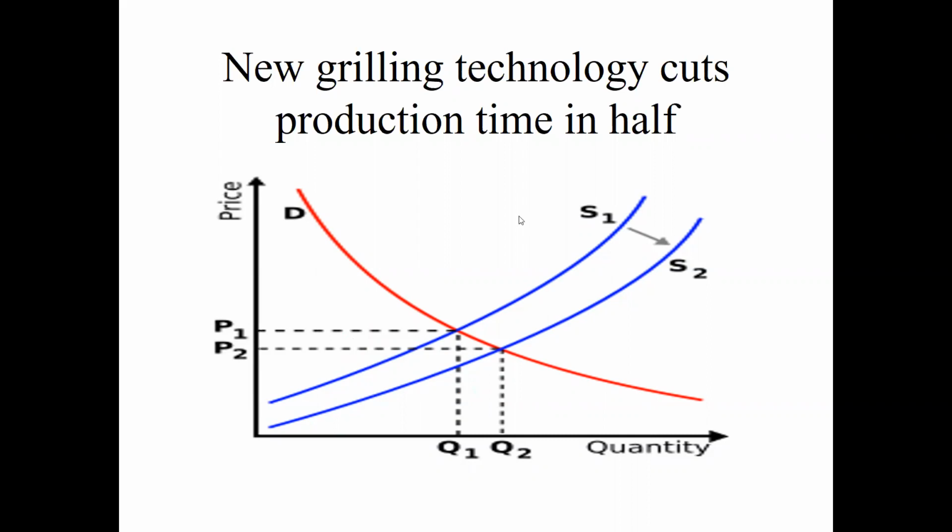All right. Let's go on to the next then. Price of burgers falls from $3 to $1. Is this a supply or a demand shifter? Count to 3. 1, 2, 3.